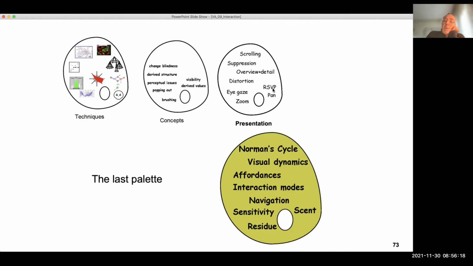Rapid sequence of visual presentation, using a trade-off between space and time, always presenting an overview plus details. I really hate the situation in which you are lost in the image because you do not have an overview of everything. And the last part, less formal in some sense but still useful for helping you design good interfaces, is about interaction.